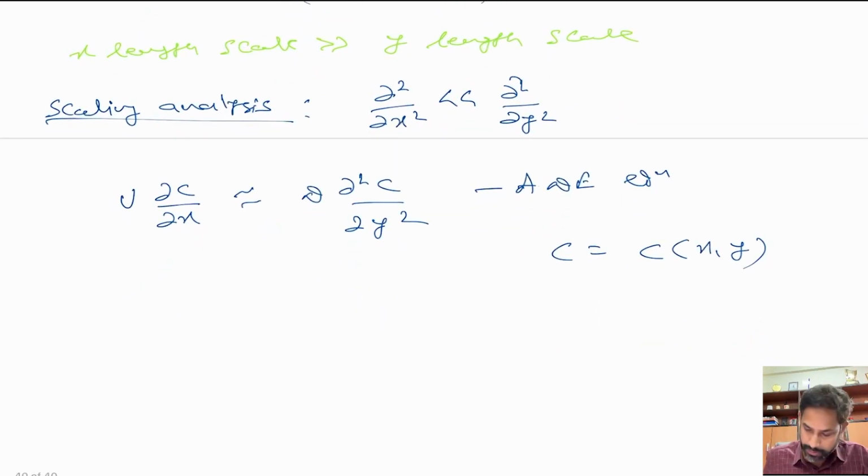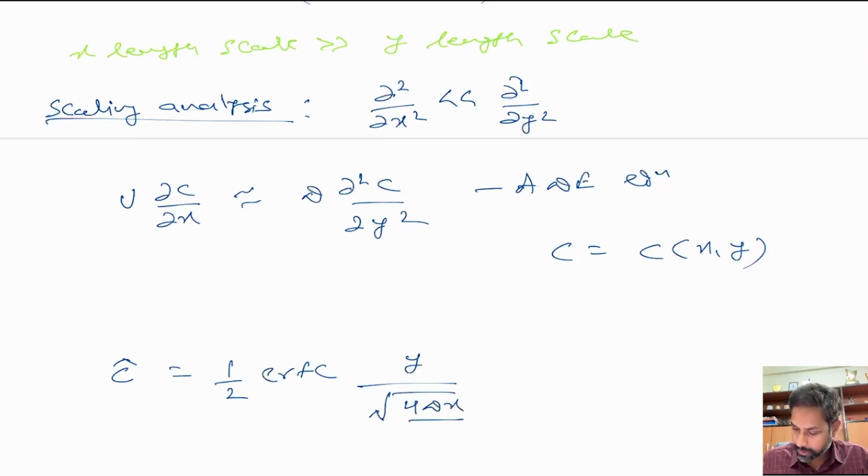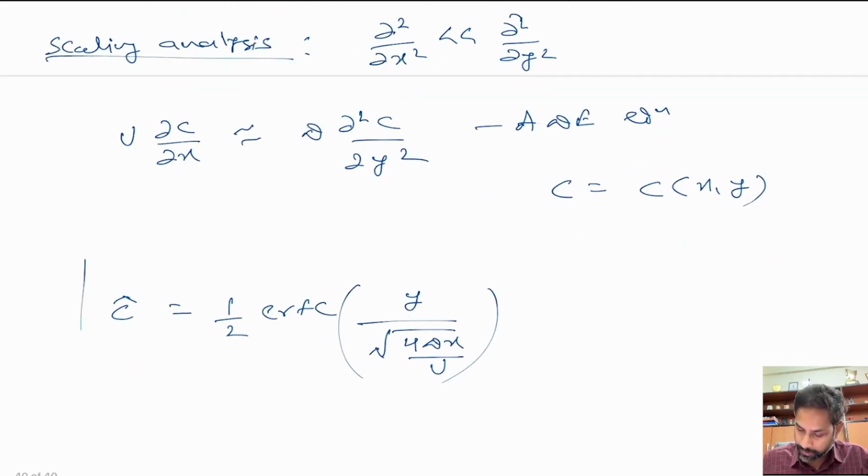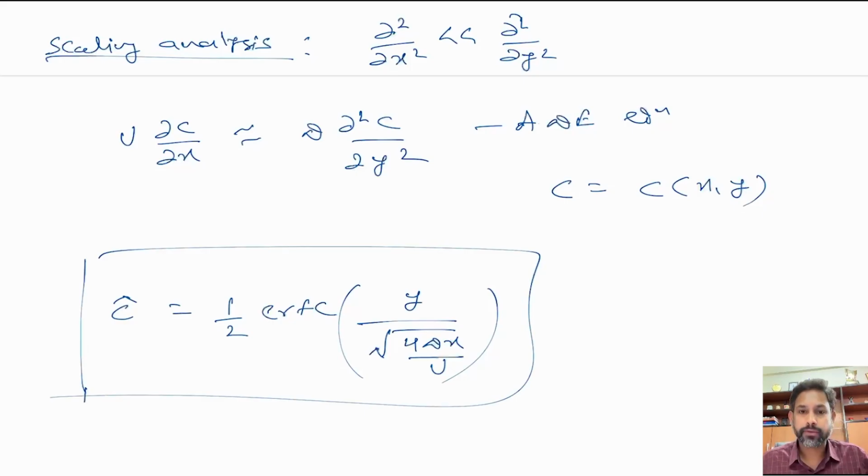of the form C hat is equal to 1 over 2 ERFC y over 4 dx over u. Okay, so this is the concentration profile you get for this particular problem, where d here is again the dispersion coefficient, which can be defined as alpha u, where alpha is the dispersivity.